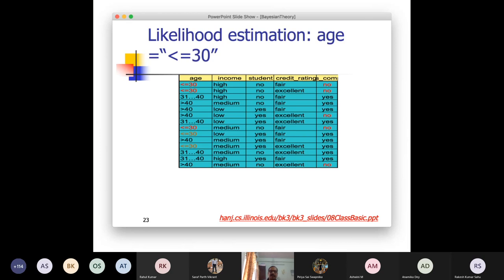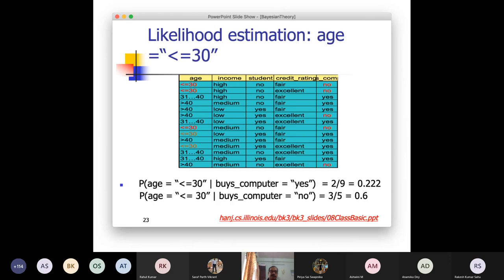Similarly, the likelihood estimation of age less than or equal to 30. Those are shown in red color in the age occurrences. Out of 14, you can see that there are 5 occurrences. Of course, out of 5 occurrences, some of them are of class no and some of them are yes.